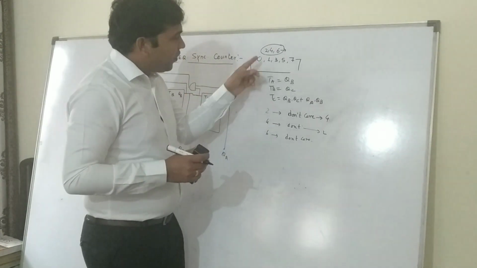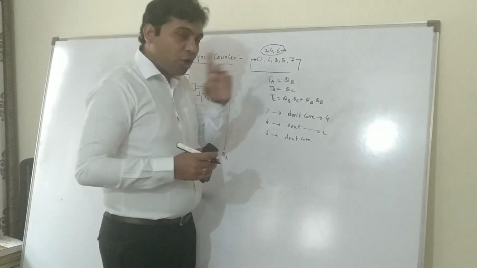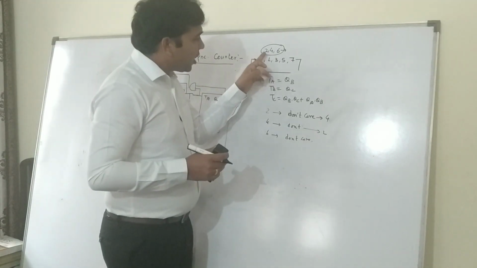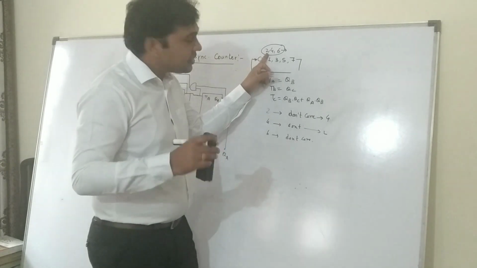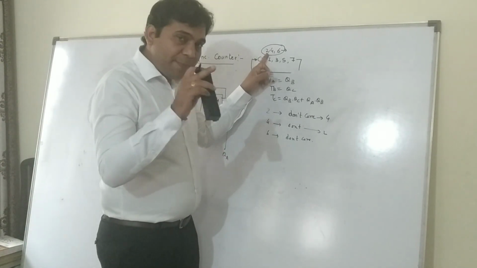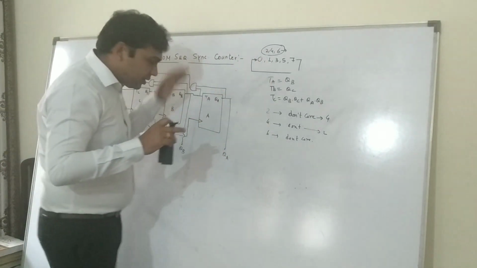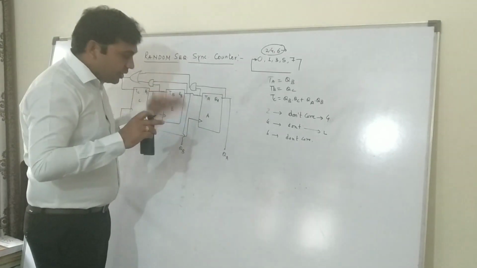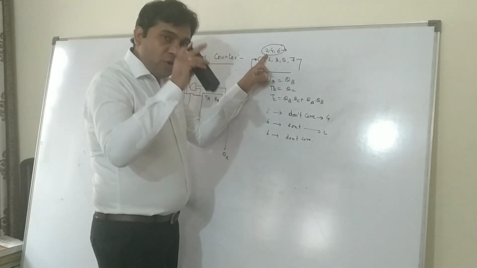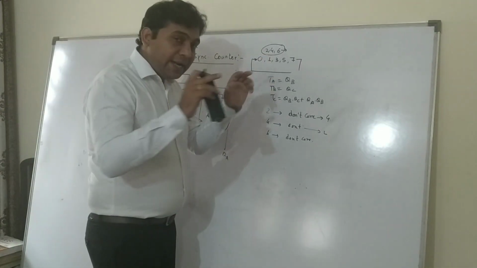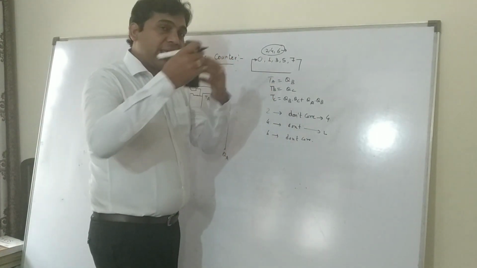Because what we have designed is 2, 4, 6 as don't care states. Meaning if the counter comes into state number 2 unintentionally or accidentally, the next state can be anything. We have kept don't care in the state table. You can look at the state table which I have drawn just now. In front of 2, I have drawn the don't cares, and those don't cares I have taken into the K map.